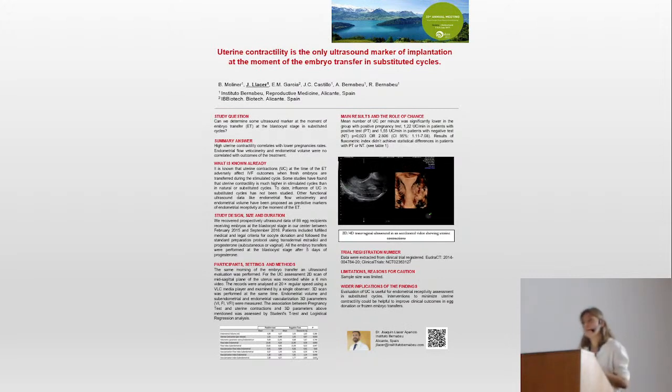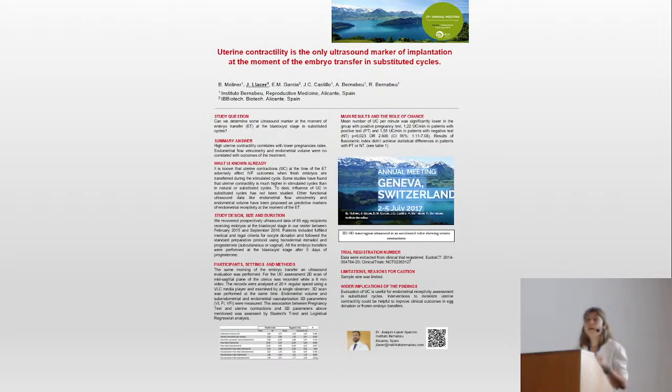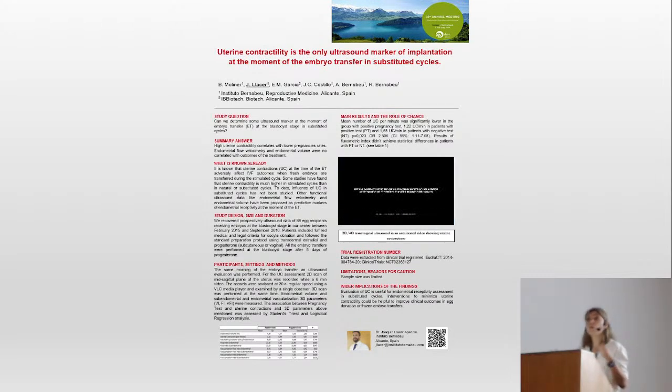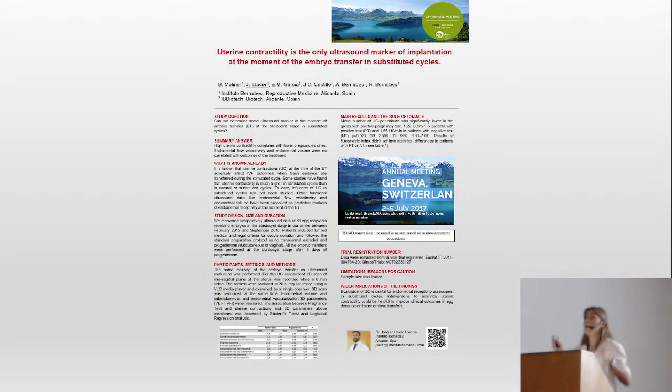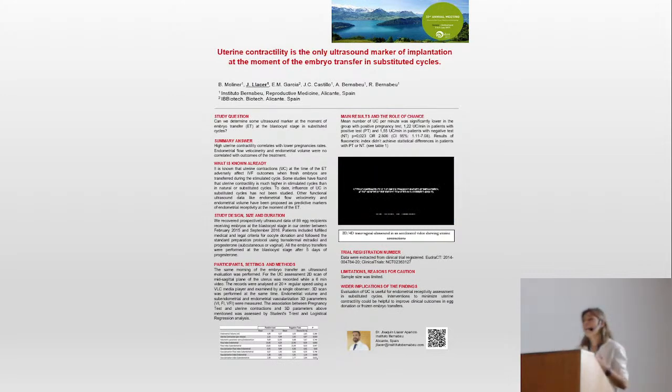Then in 2017, we performed a randomized controlled trial in which we compared two types of progesterone. There, we decided to assess several ultrasound markers, not only endometrial thickness, but also endometrial volume, 3D vascularization parameters, and the ratio between endometrial volume and uterine volume, and none of them was associated with the pregnancy rate.